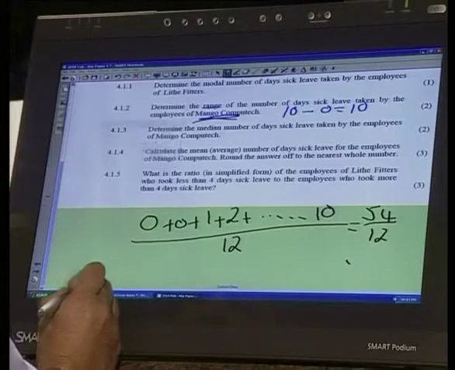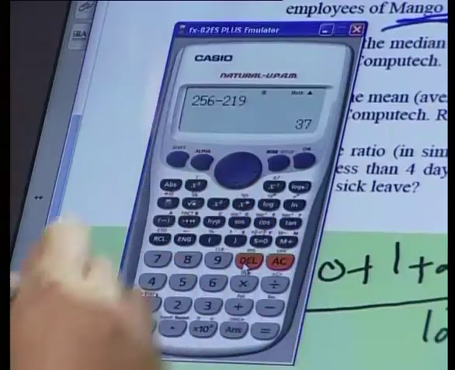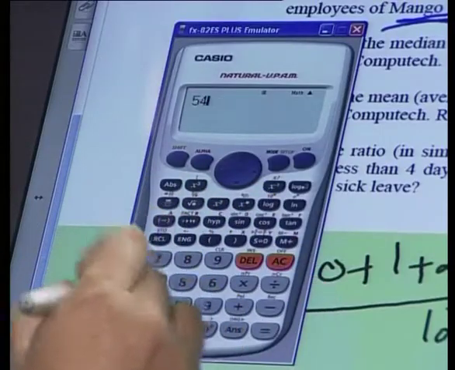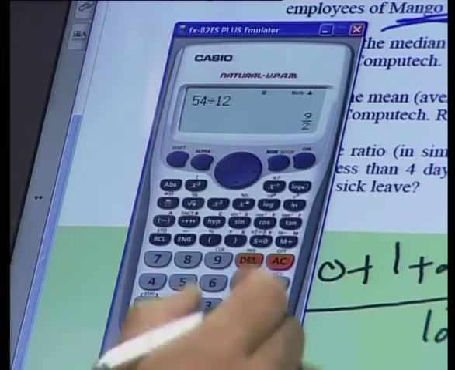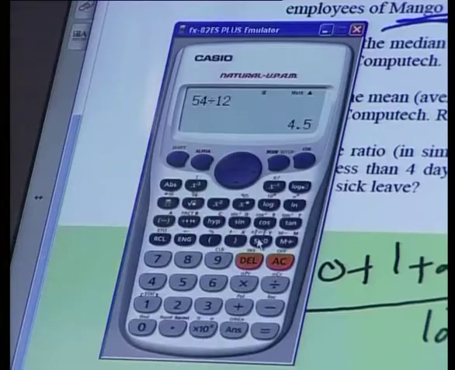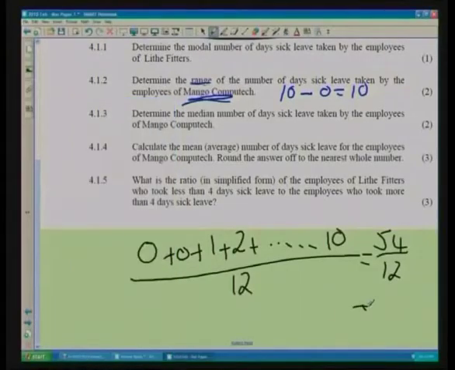So we take our calculator, and we say, right, we have 54. We're going to divide it by 12, and we're going to get an answer of 4.5. So we've got an answer here then, 4.5 days. The question says, though, round to the nearest whole number.